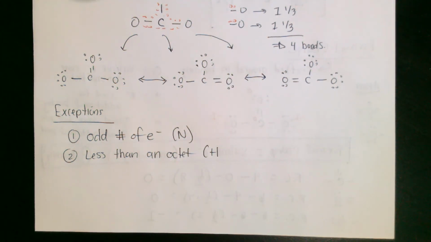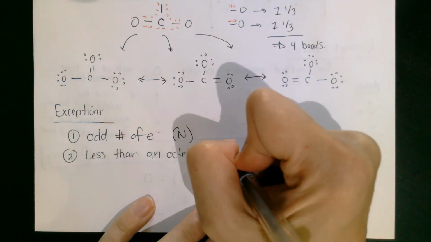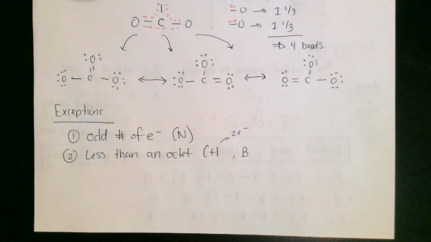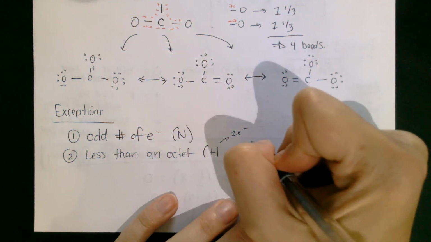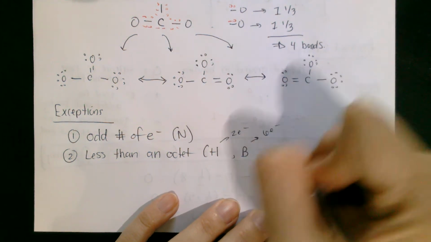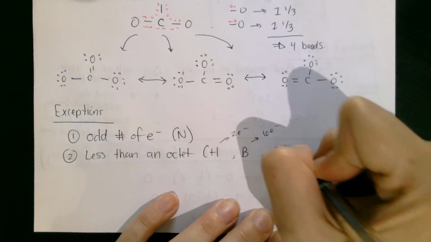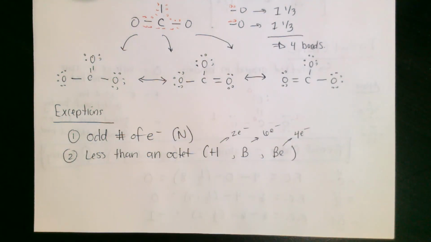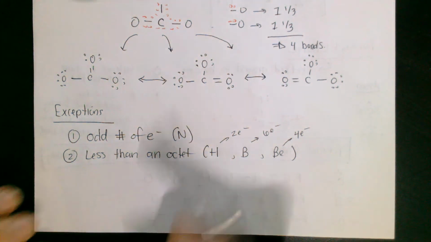Hydrogen's too small for an octet. It just has a duet, so hydrogen will have just 2 electrons. Boron is another one. Boron is perfectly fine with 6 electrons. And then we have beryllium, which is perfectly fine with 4 electrons. So less than an octet, some of our exceptions there.